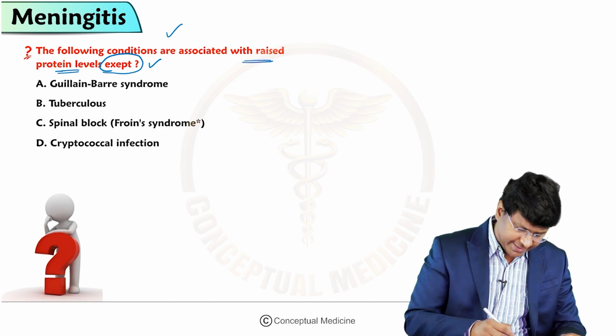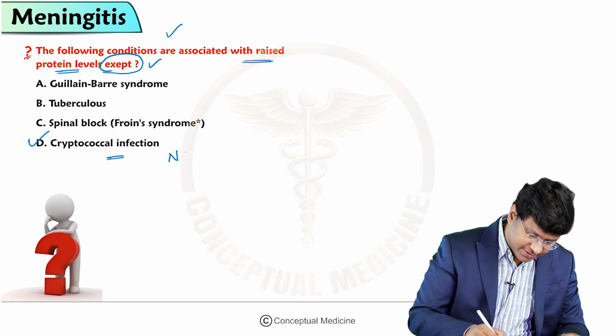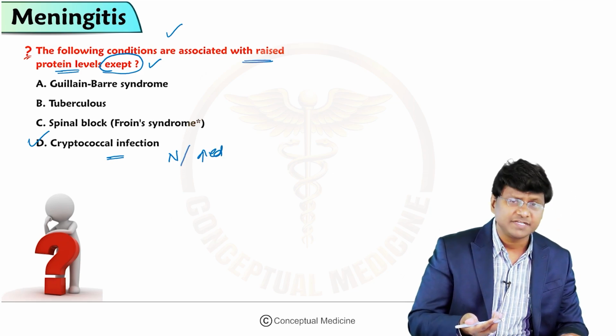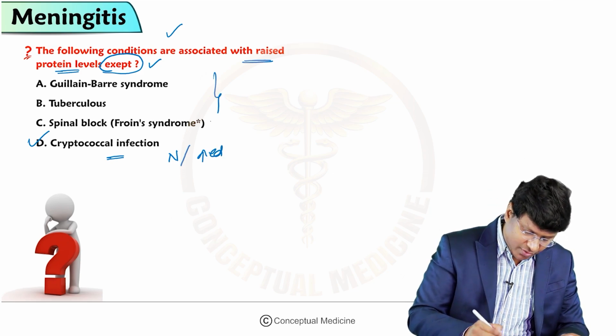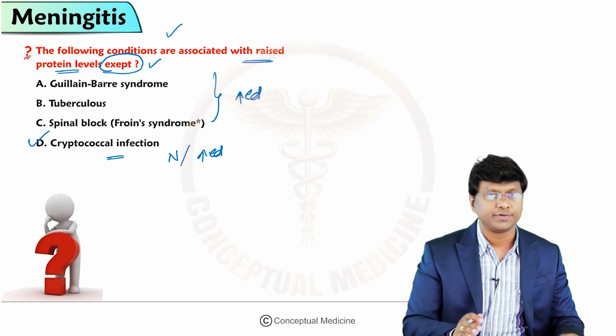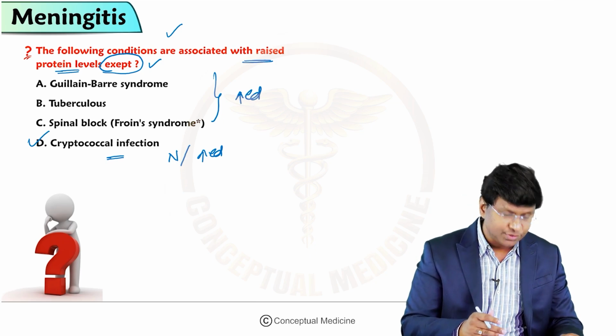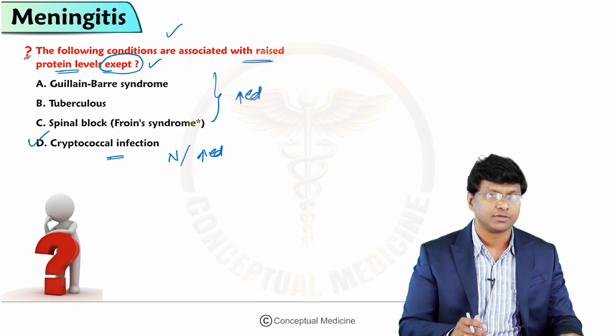In the cryptococcal infection, which is a fungal infection, the protein levels are either normal or increased, sometimes it may be normal also. But in all the first three conditions, definitely there will be increased proteins, in Guillain-Barré, tuberculosis, as well as the spinal block.